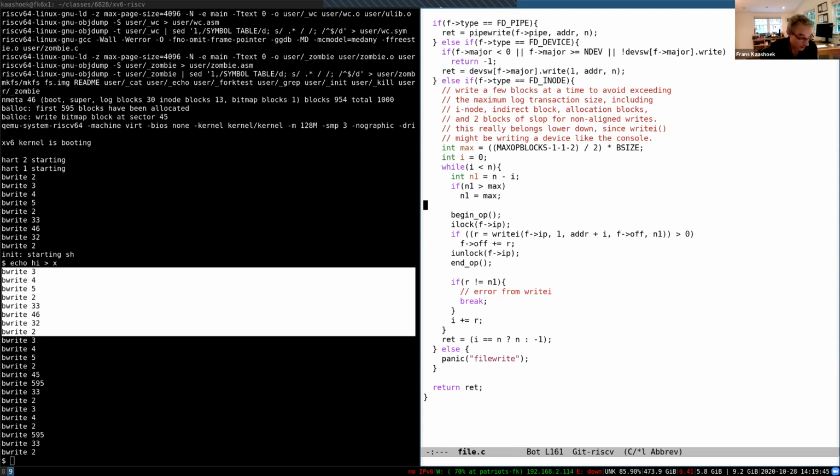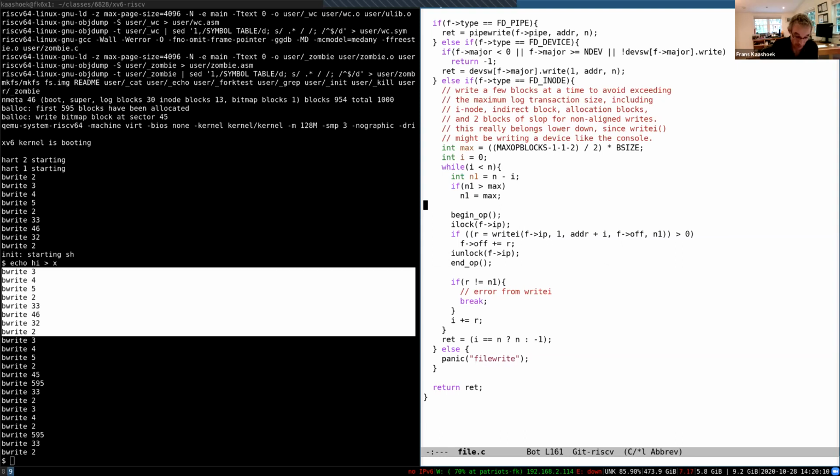And so basically xv6 splits a big write into a number of smaller writes and writes them as individual transactions. This ensures that if a transaction allocates a block number, because we need a new block as an intermediate block, or because we need a new block that we're going to write to, then at least that part is completely atomic, and the file system will never be left in an incorrect state, violating any of the file system invariants.